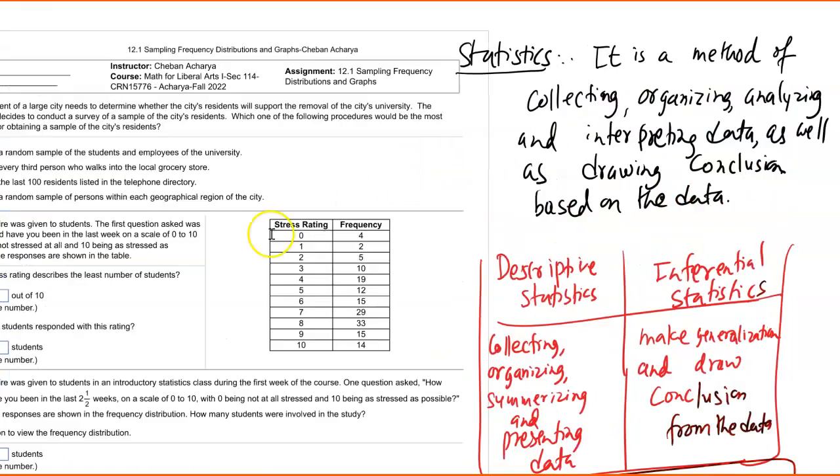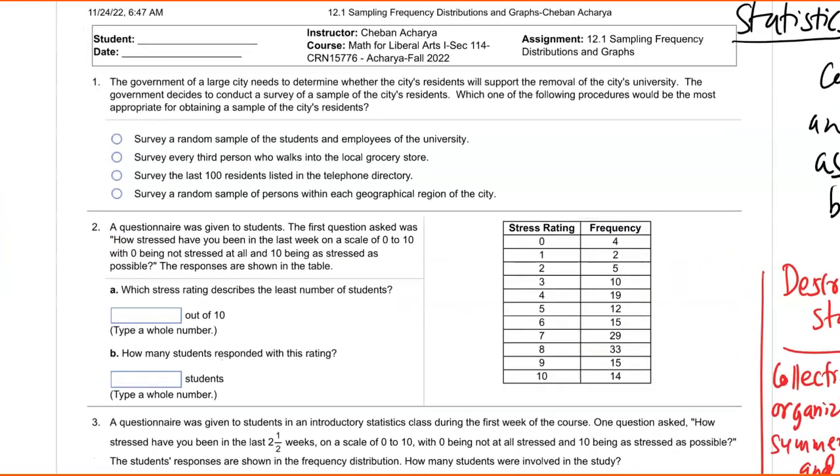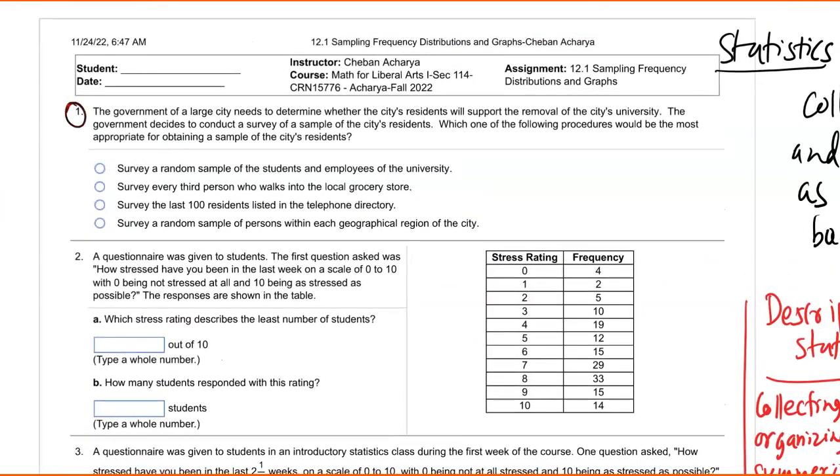Okay, let's do the questions from the homework. We start from question number 1. The government of a large city needs to determine whether the city residents will support the removal of the city university. Remember that the city residents here are the population, and we want to know about the population.